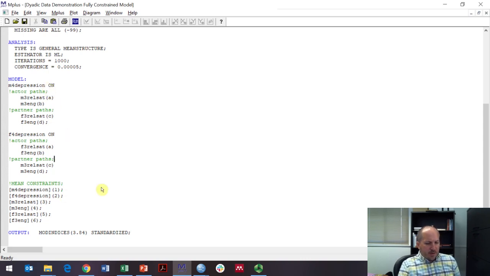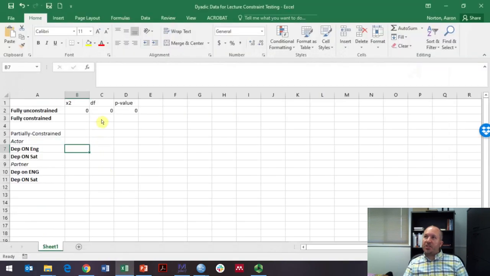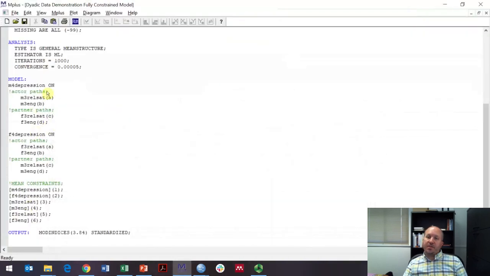Now, because I'm constraining 4 paths to be equal to each other, this is going to give me 4 degrees of freedom. Every path that you constrain to be equal is going to add a degree of freedom to your model. So I already know when I go to do this, I should have 4 degrees of freedom on my fully constrained paths, because I have set 2 paths to be equal, which is freeing up a parameter, which is going to give me 1 more degree of freedom.